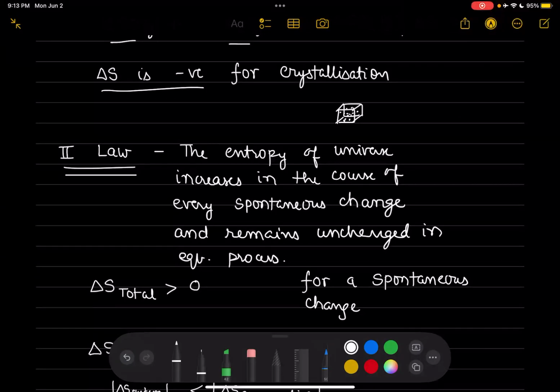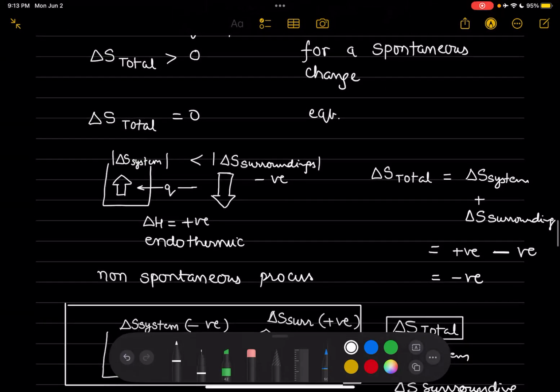Yes, and it also gives the criteria for spontaneity. The criteria is the entropy of the universe, meaning total entropy, should increase for every spontaneous change. Is it clear? That's what we had seen.